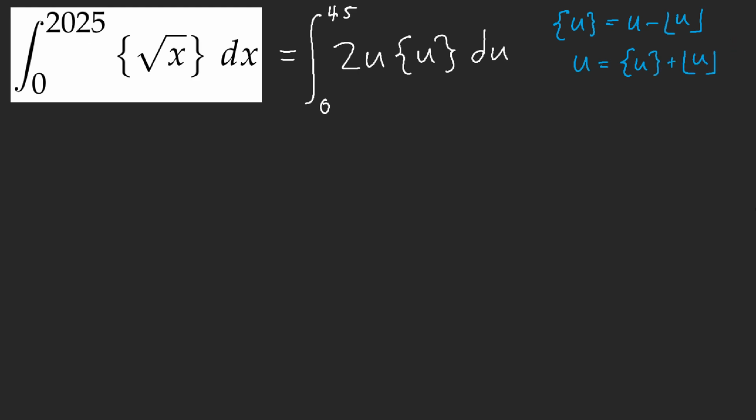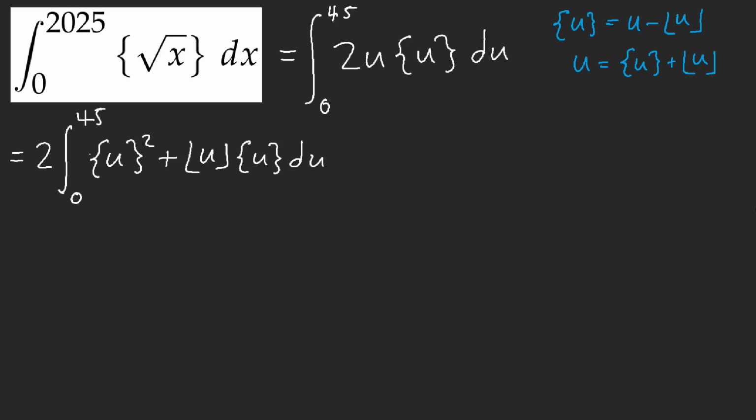So that's what we're going to do. So now we have two there. So now we have the fractional part squared, and then plus a floor function and the fractional part.